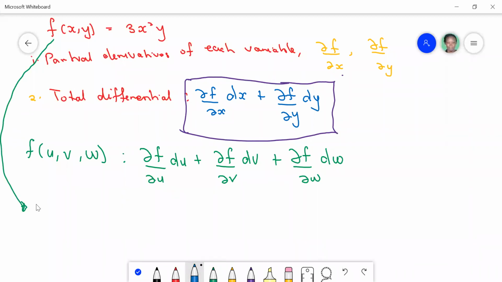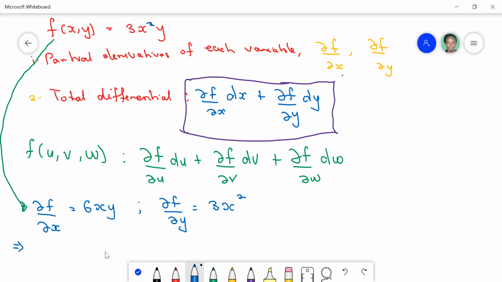Our partial derivative of f with respect to x is going to be, this is squared, so I have 6xy. Then the partial derivative of f with respect to y, if you differentiate this with respect to y, you have 3x².